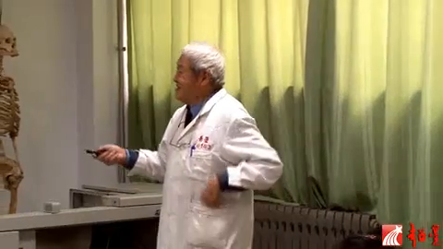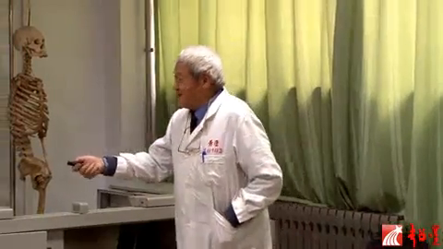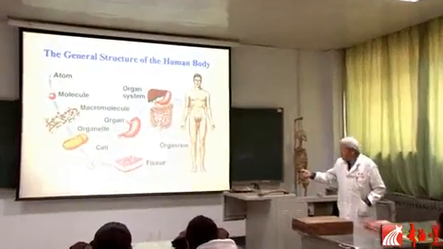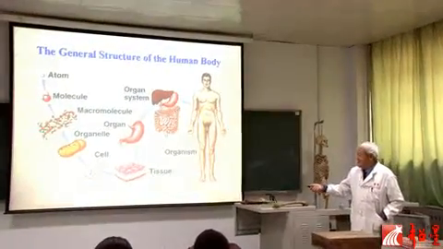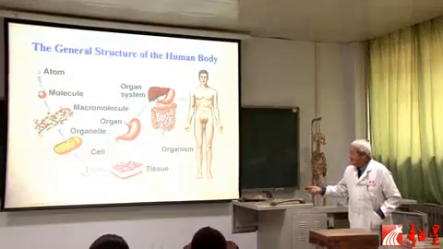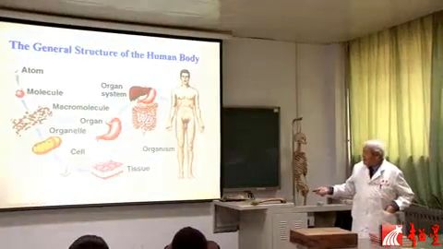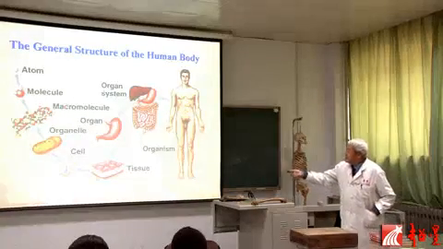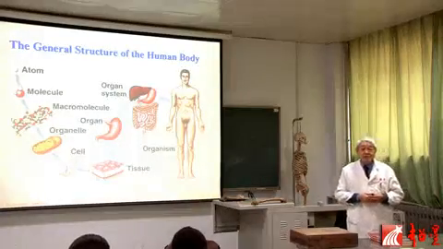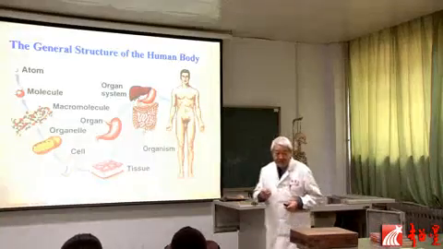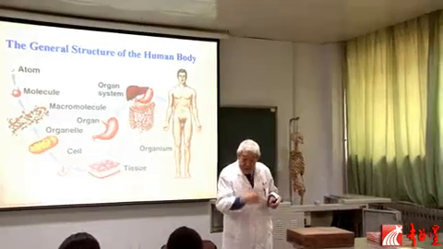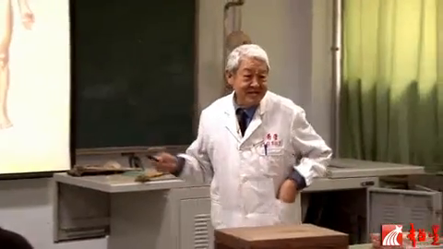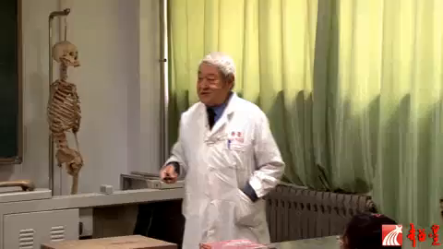Before the cell, of course, you can divide into the very basic atom, then molecule, then micromolecule, and organelle. But from the cell or tissue, this part belongs to histology. You must watch it by microscope, because the naked eye can't see the fine structure, the microstructure.